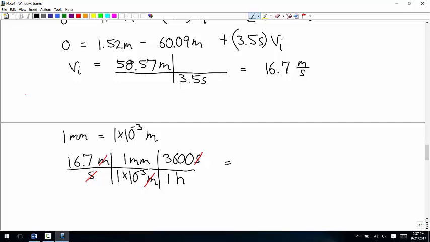What is it? 6.0 times 10 to the 7th millimeters per hour.